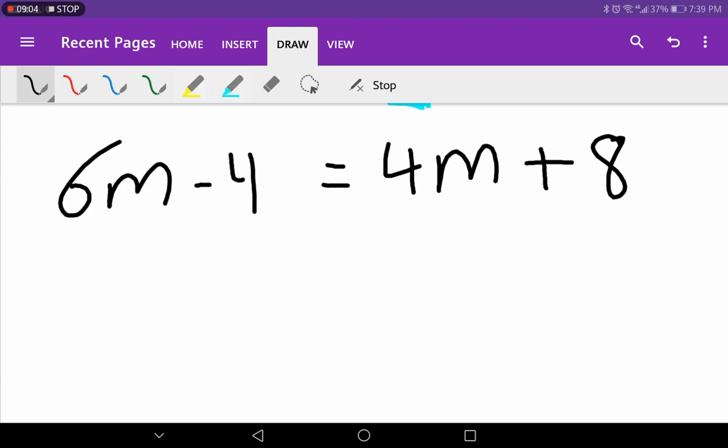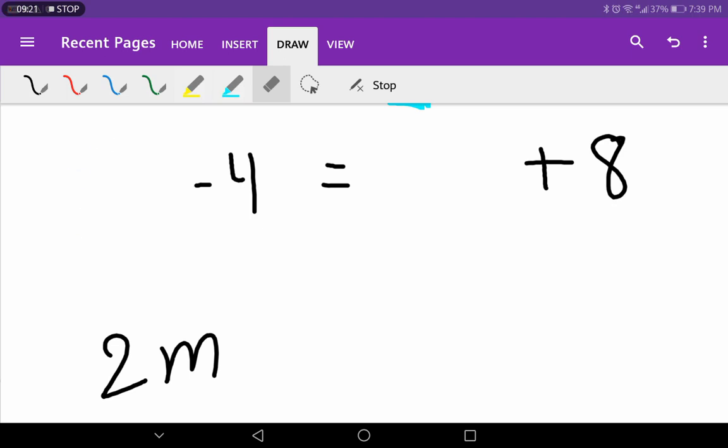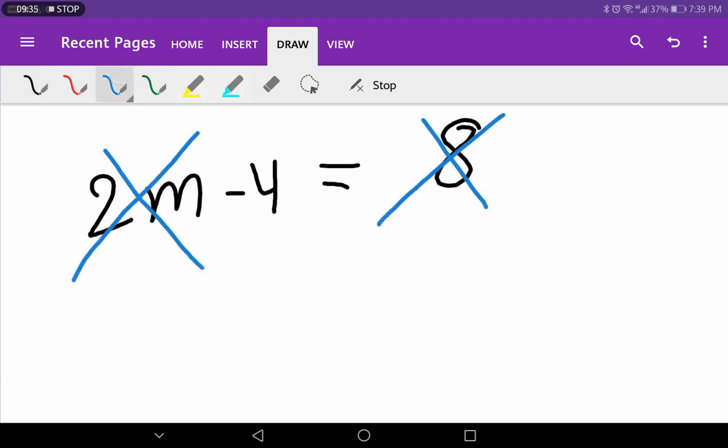We have to move this guy, the 4m, from this side to this side and change its sign. It will be negative. And 6m minus 4m is 2m. We are done. And the negative 4 coming down equals 8. What next? We ignore this and this, so we have to add 4 on both sides.